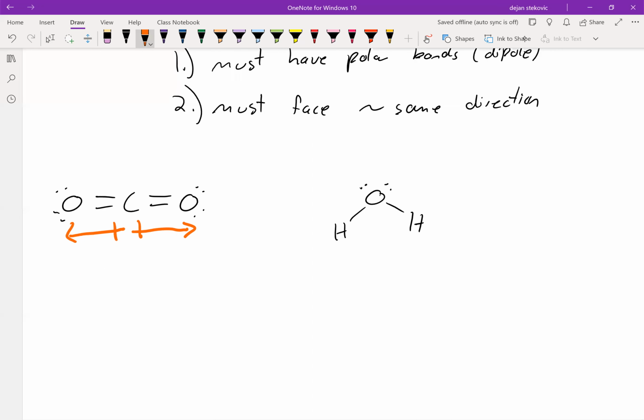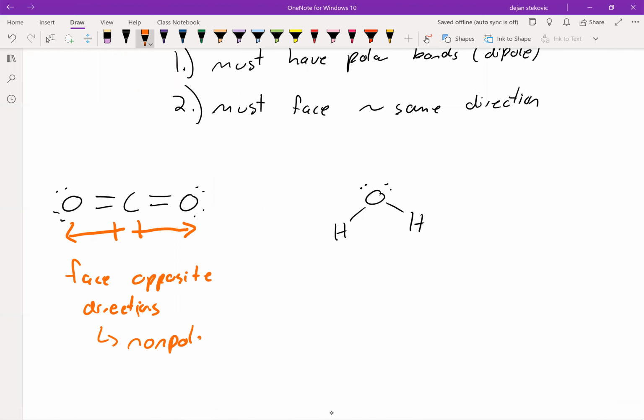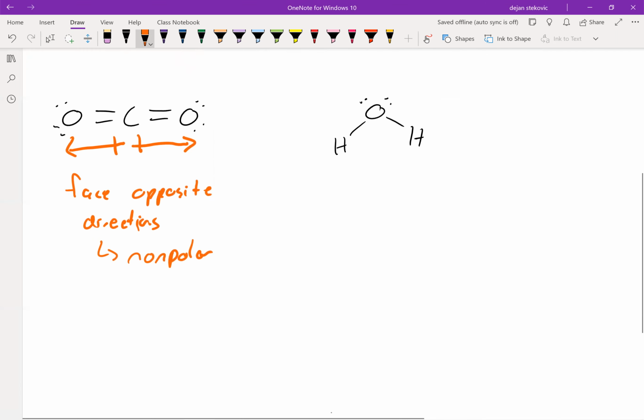One is facing to the left, the other to the right. And so what happens is they cancel out. You can think about this as vector addition if you're into math. Otherwise, they're facing opposite directions, they cancel out, and so this molecule is overall nonpolar, even though it contains polar bonds.